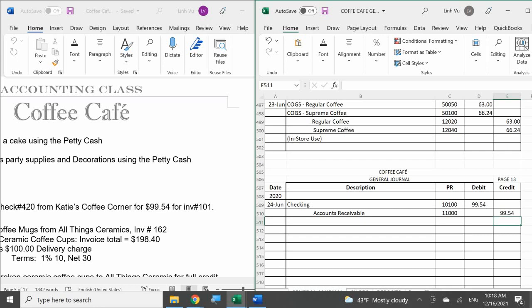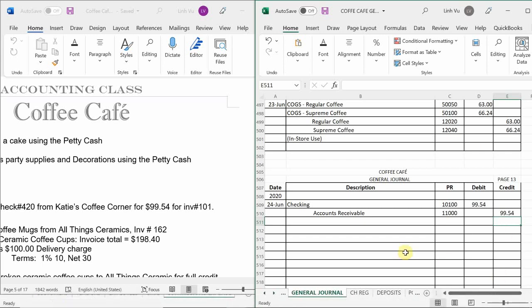And for the description, would it be just Katie's Coffee Corner, invoice 101, check number 420?